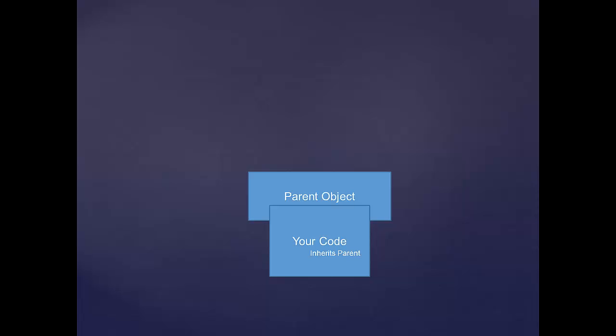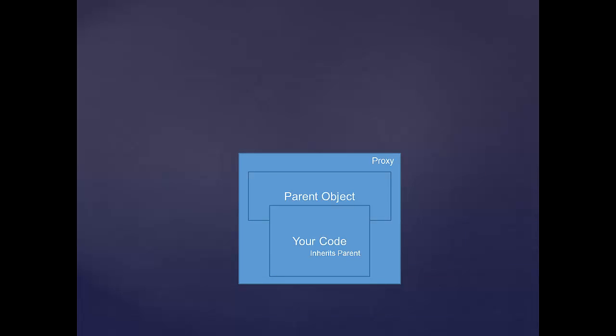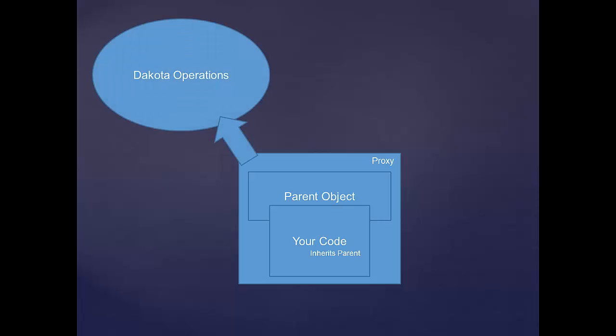So it's very handy. Plus, that parent object contains a lot of functionality that makes things easier. For example, there are very flexible moving average calculations in there, or WinZs, or all sorts of different things in the parent object, that when you inherit it, all of a sudden you have access to all of that, and that makes it very nice. What you don't care about is that your code, which inherits the parent, and they become one, is sitting inside a proxy, and that proxy provides an interface to the Dakota operation.